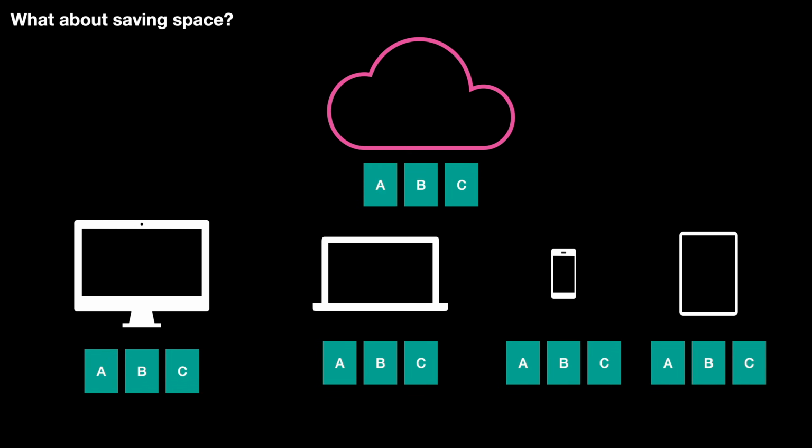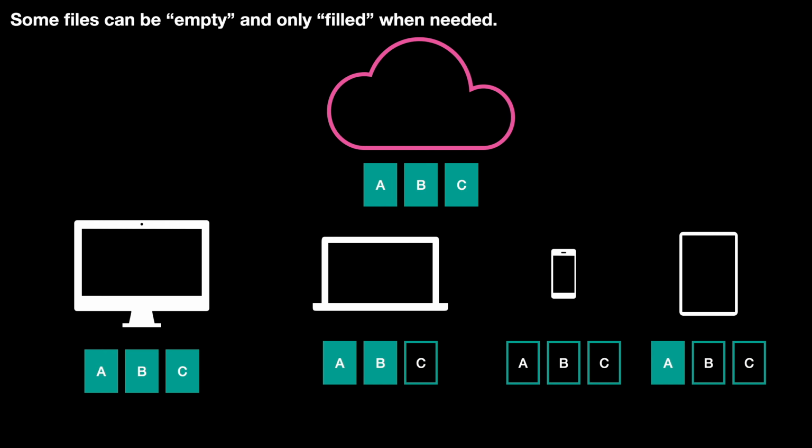Now iCloud also allows you to save space. And the way it does this is it won't keep all of the data on some of your devices. So depending on your settings, you may find that you have all of the files and all of your data stored in iCloud. Like on the iMac shown here, all of the data and all of your files are stored in iCloud. They're always on the server.